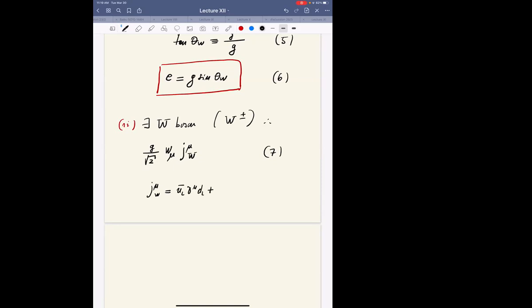Now I have to be specific. It goes from up and down quark or nu_L bar gamma_mu D_L. So this is W_mu plus Hermitian conjugate.